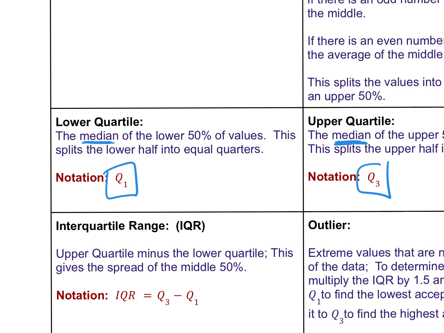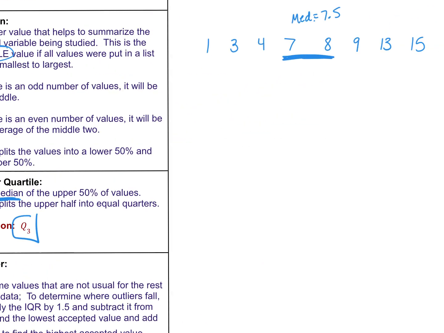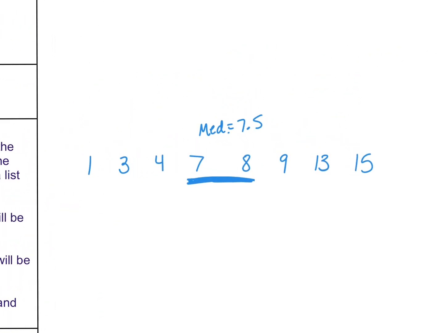So, how this looks. We're going to go back to my original set of data. You don't have to write this down, just be following along with me. Okay, if I take this 15 back out. So, we said for this lineup here that 7 was our median, right? Okay, because we had an odd set of points, so we did have a middle term there.